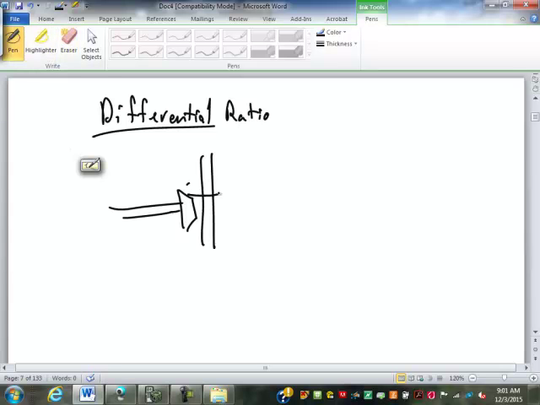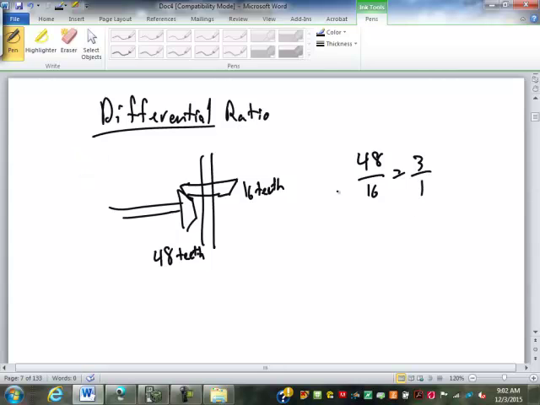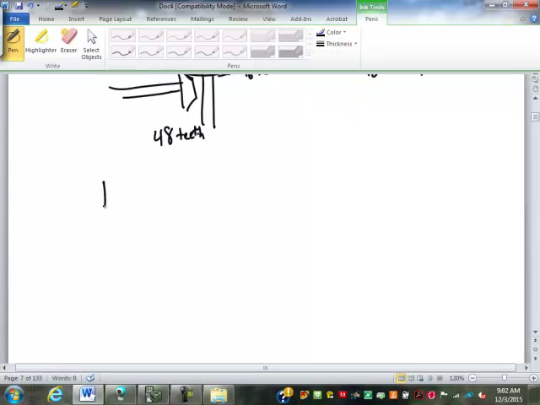The axle going through, and the gear on the axle going like that. And let's say we have, what, 48 teeth here, 16 teeth here. Your ratio here is 48:16, or 3:1 differential ratio.